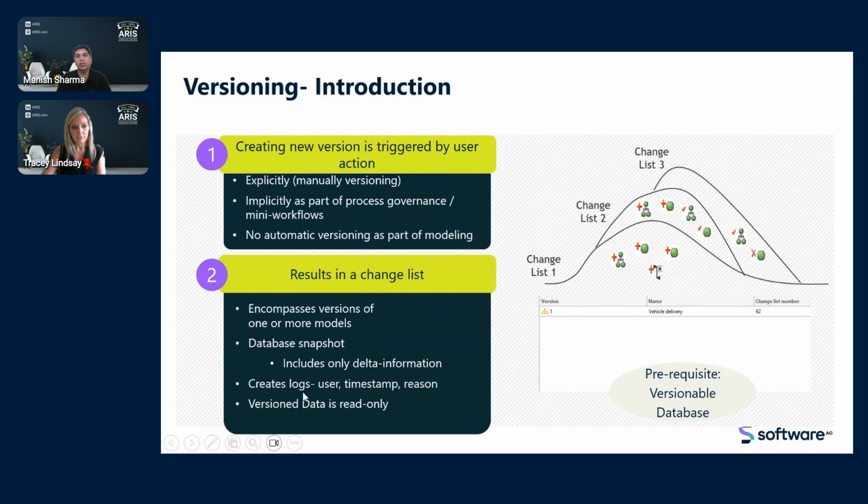It creates logs, as I said earlier, and you can see who created a particular version, when it was created, and the reason why it was created. And the version data is read only, so you cannot have multiple copies of that model being edited simultaneously. So the idea of a version is very different from a variant. A variant is a situation where you're creating copies of the model which are all editable simultaneously.